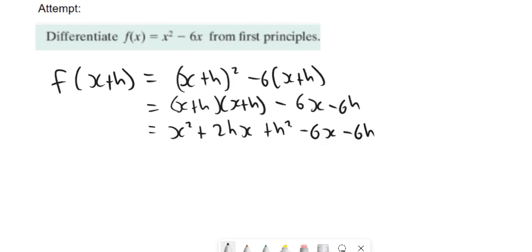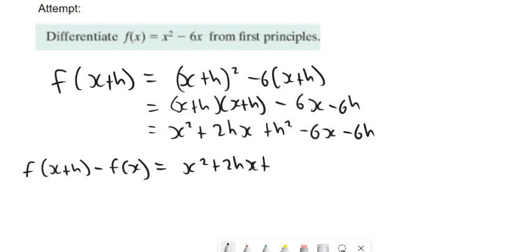We don't have any like terms there really. So next bit, f of x plus h minus f of x is equal to all the bit I have above there, x squared plus 2hx plus h squared minus 6x minus 6h, and then we have to take away f of x, so f of x is x squared minus 6x.